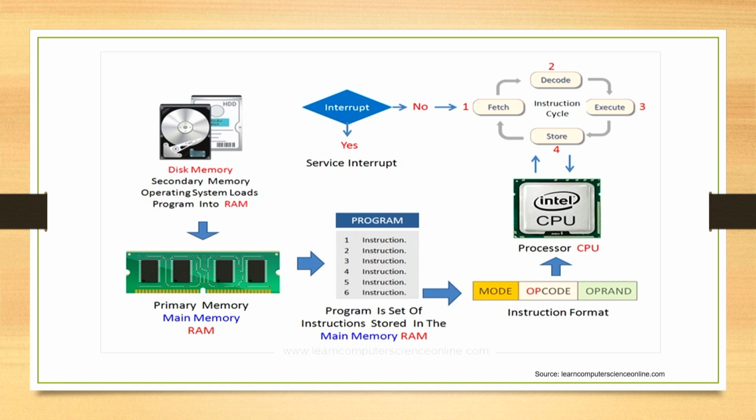From this diagram, you can understand how the data flows from the memory to the CPU where it gets executed. So if your data is stored in the hard disk, it has to be transferred into the RAM first, because I already told you anything you want to execute has to be loaded into the RAM first.